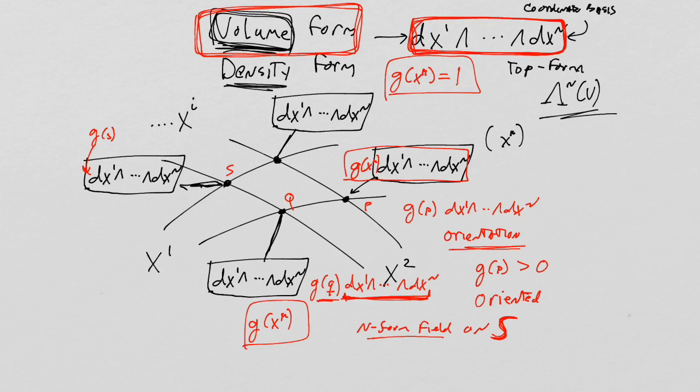The reason has to do with how you execute integration, which actually should be the next topic once we're done with the forms. We should talk about integration on these forms. When we integrate a form, this guy here ends up being the differentials on the integration. So we always think of that as a volume element, so we call it a volume form.